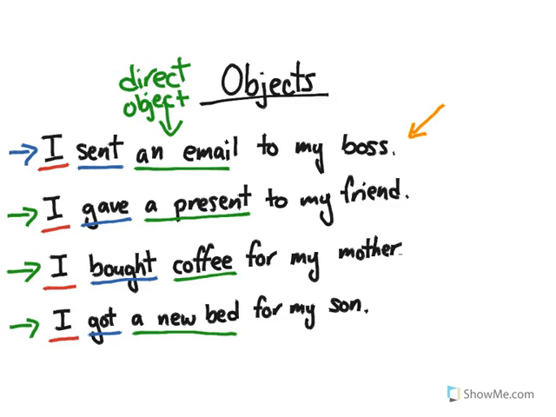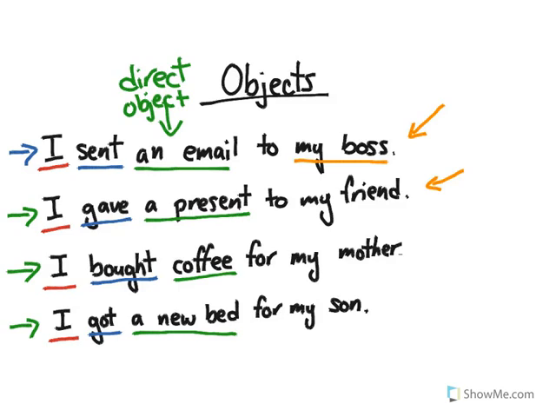Okay, that's good information. But when I send an email, I send it to somebody. Who did I send it to? My boss. In the second sentence, I gave a present. Again, when you give somebody something, you give something to somebody.